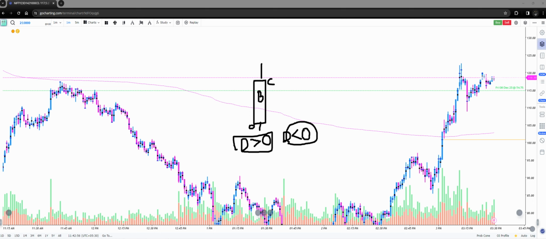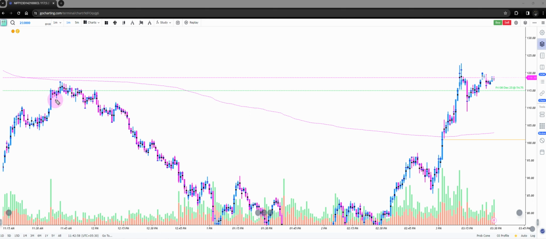So I will just erase everything and put it back again. When the close is greater than the open, this is the condition, that means the bar has closed like this blue bar. It's a blue or green bar, but the delta is less than zero.